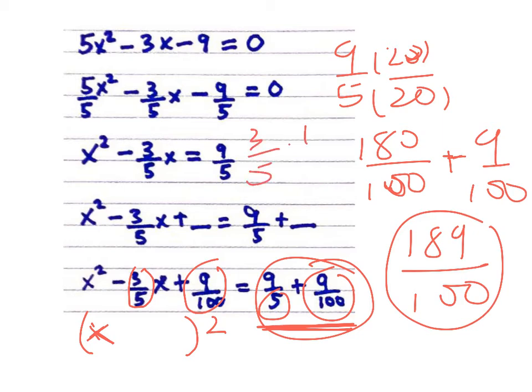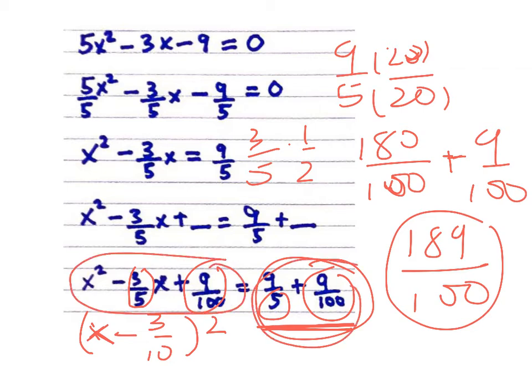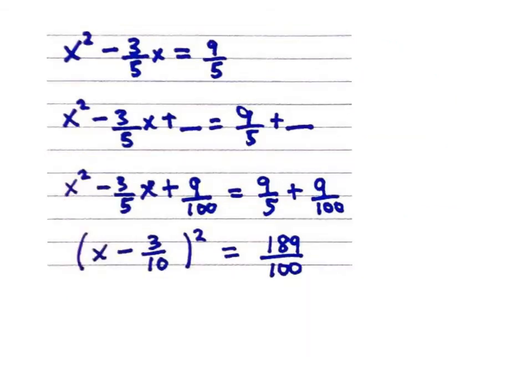Half of 3/5 is 3/10. So minus 3/10. That's what you're going to see on the next screen. This left side is x minus 3/10, this right side is 189/100. X minus 3/10 squared equals 189/100.